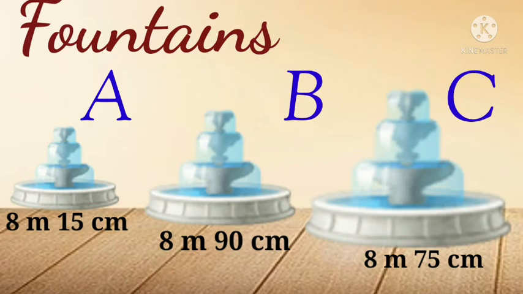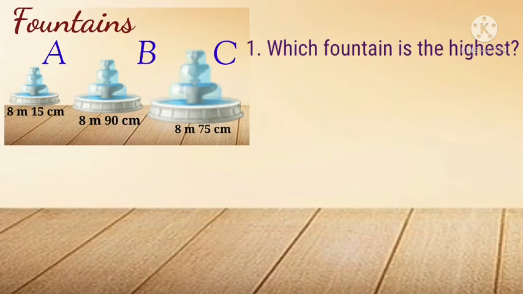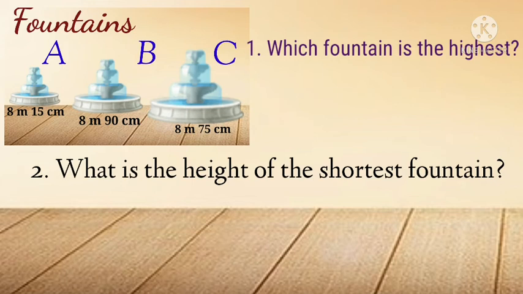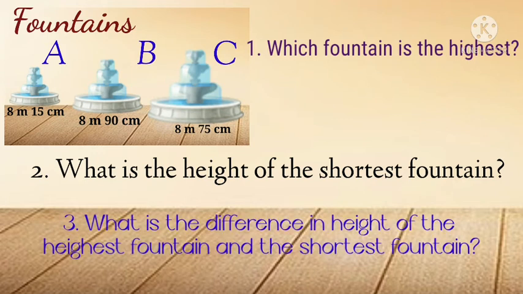Here you have to find out which fountain is the highest. The second question is, what is the height of the shortest fountain? And the third question is, what is the difference in height of the highest fountain and the shortest fountain?